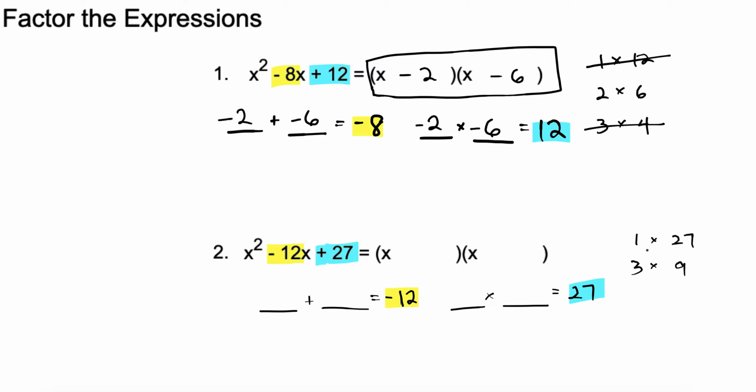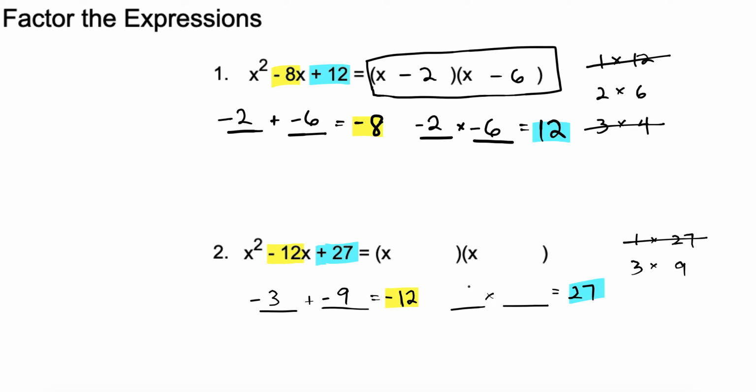But we know 1 and 27 are not going to add up to negative 12, so we can cross that one out. We're left with 3 and 9. But again, this is negative 12, so I'm going to change these to negative numbers. Negative 3 plus negative 9 does indeed add up to negative 12.